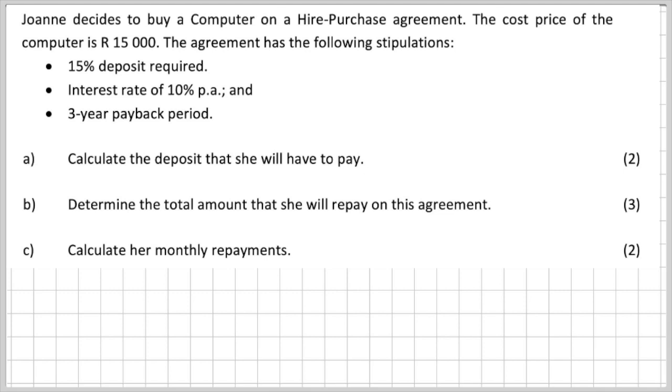First question: calculate the deposit she will have to pay. Second question: determine the total amount she will repay on this agreement. And the third question is calculate her monthly repayments. So, I want you to try the sum yourself first and then watch the rest of the video.